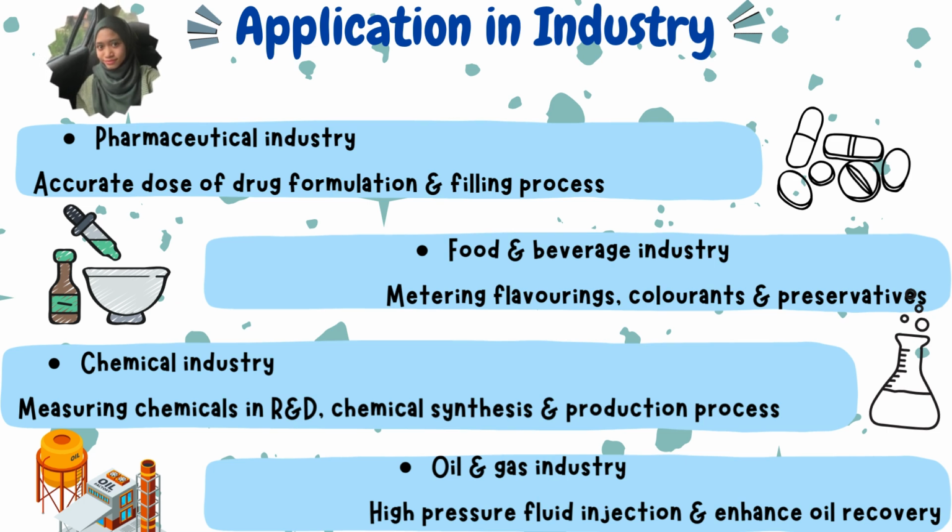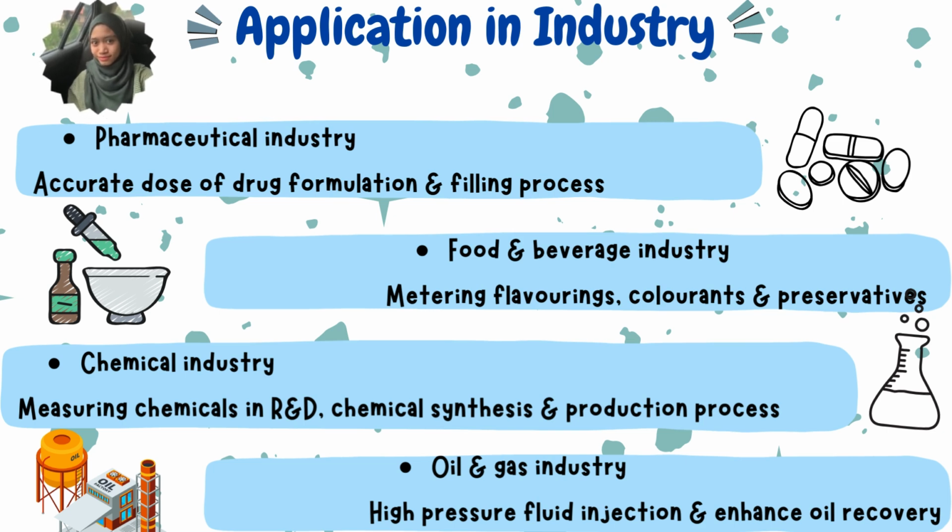Next, it also can meter precise dispensing of ingredients like flavors, colors, and preservatives during food processing in food and beverage industry. While in chemical industry, dual piston pump is used for measuring chemicals in research and development, chemical synthesis and production process, including the addition of additive, catalyst or reactant.